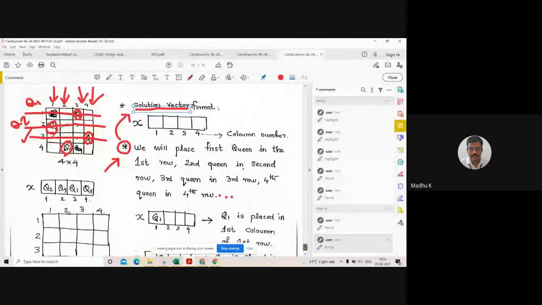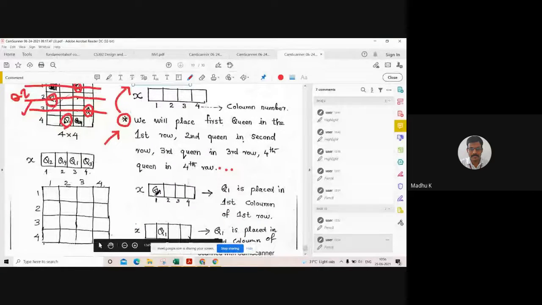Then what is its meaning? For example, here I am placing q1 in the first column. What is its meaning? You can observe in the solution vector that in the first column I wrote q1. It means q1 is placed in the first column of the first row.